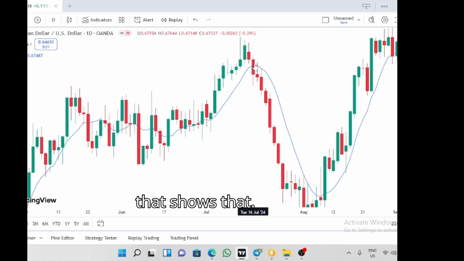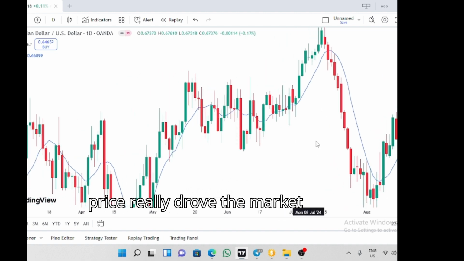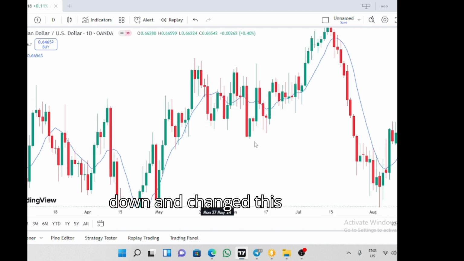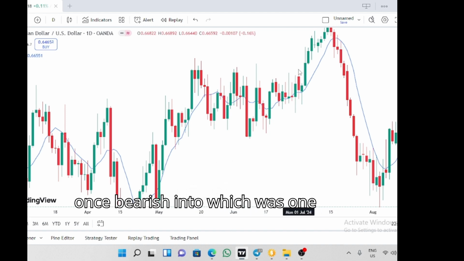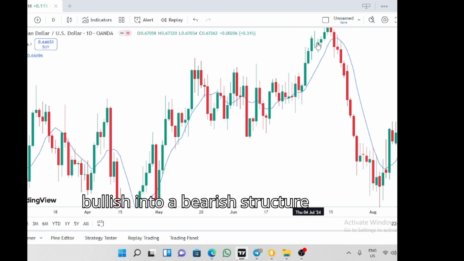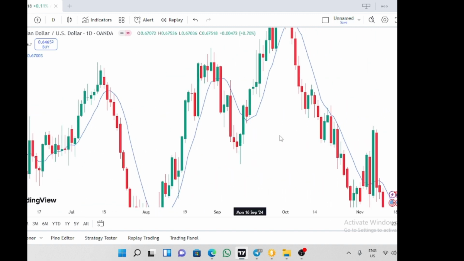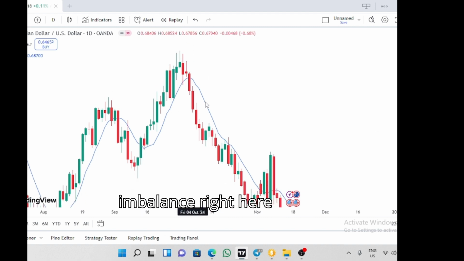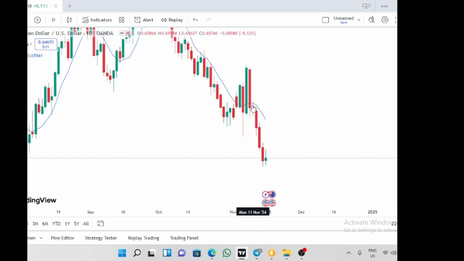So that shows that price really drove the market down and changed this trend, which was once bullish, into a bearish structure. Again, we have another imbalance right here. They are strong moves, you can see.